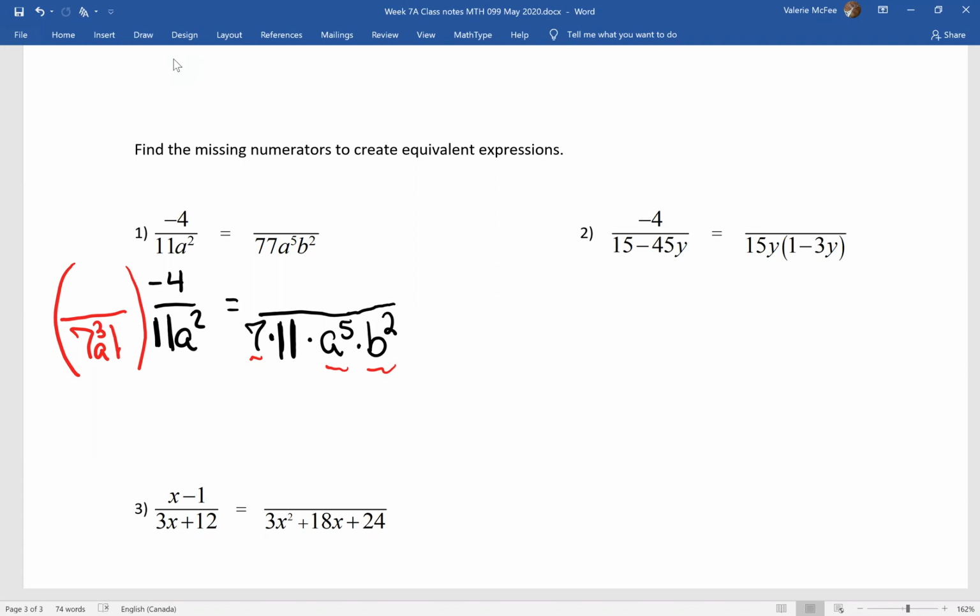There's no b here either. The missing factors are 7, a cubed, b squared. When I multiply that by the numerator to create my equivalent expression, I have negative 28 a cubed b squared all over 77 a to the power of 5 b squared.